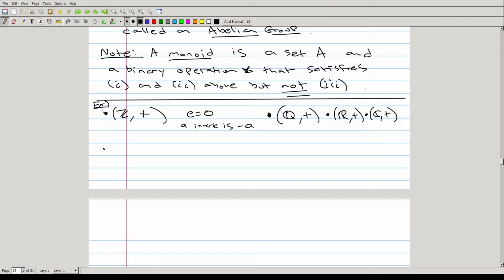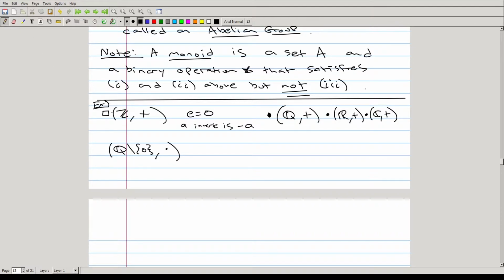We have that the rational numbers minus 0, so without 0, is a group under multiplication.